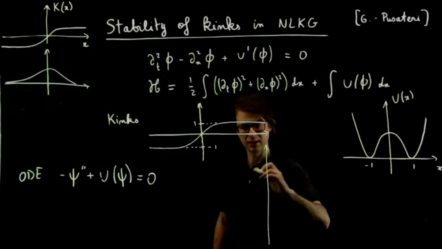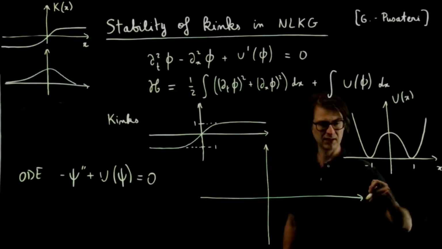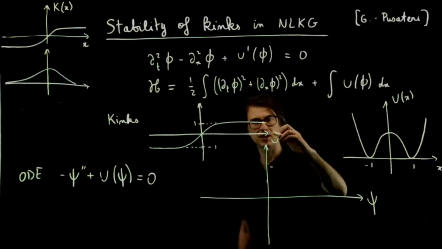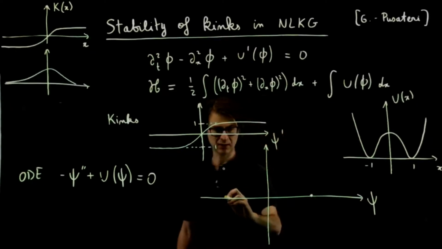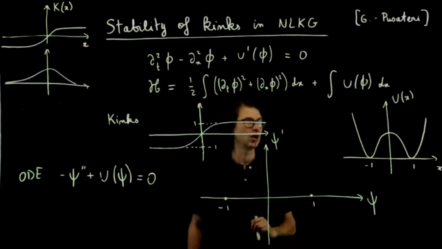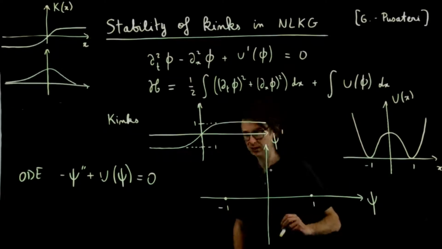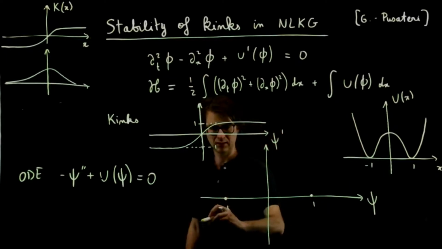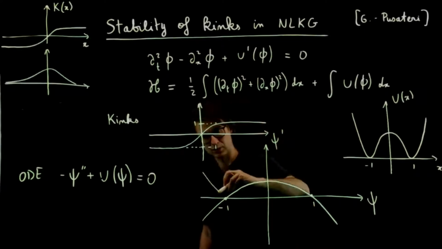And so the phase diagram is as follows. So this is psi, this is psi prime. There are two fixed points which are the minima, 1 and -1, of the energy.